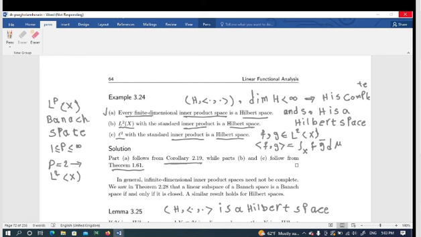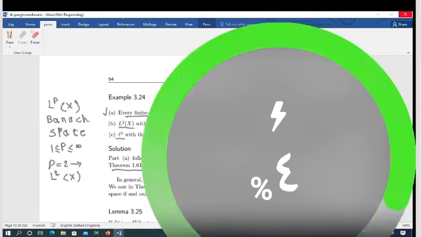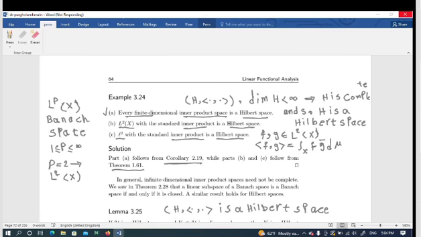Another example is L2(X), with capital L, the space of integrable functions such that the integral of |f|^2 is finite.